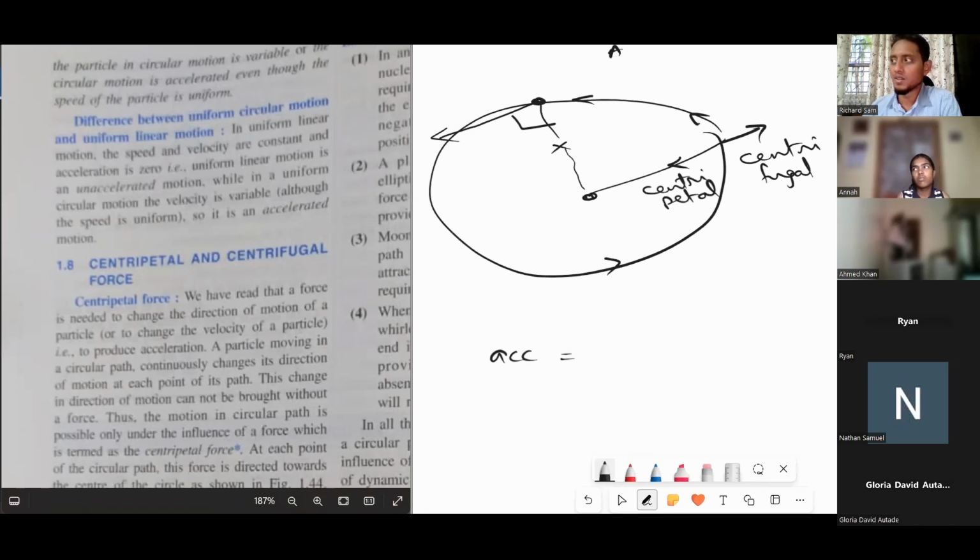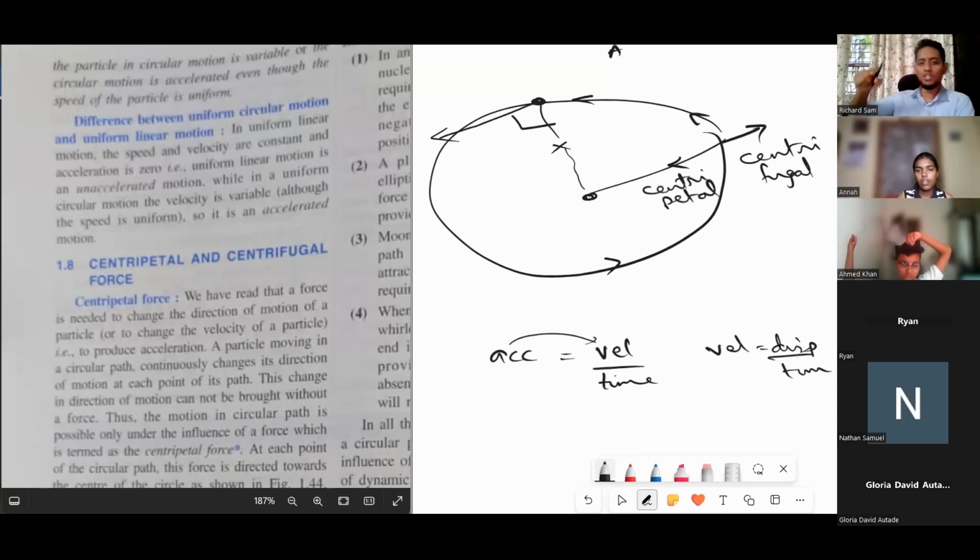Acceleration is change in velocity upon change in time. See, acceleration depends on velocity. So if velocity changes, and velocity depends on what? Displacement upon time. So if displacement changes, velocity will change. If velocity changes, acceleration will change. Or in other words, there is an acceleration.